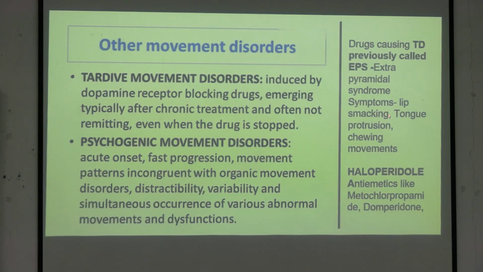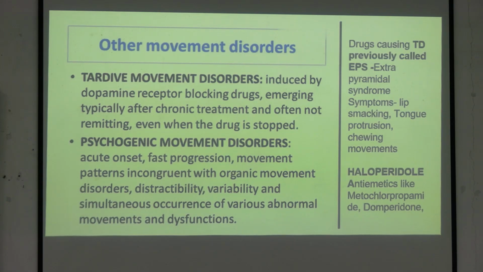Most commonly used drugs are antiemetic drugs like haloperidol, antiemetics like domperidone, metoclopramide, and many drugs can cause this extrapyramidal syndrome or tardive dyskinesia. Even some antimalarials can cause it. Nowadays we use many gastrointestinal drugs that can cause this.